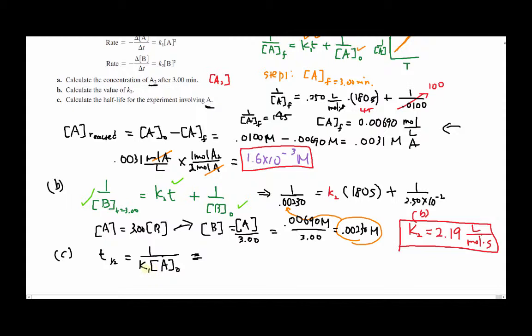That's why I put the 1, not 2, k1, not k2, and I use A. We know k1, actually they both were given.